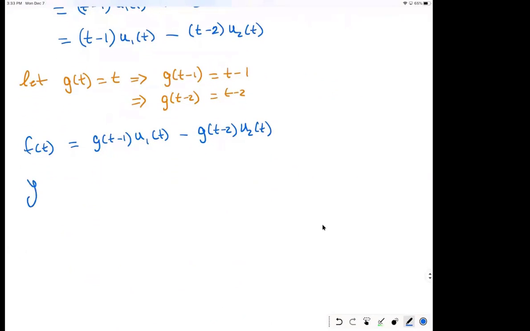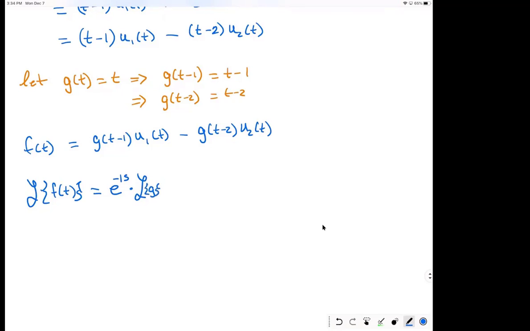So then if I take the Laplace transform of f of t, I get e to the minus as, and my first term a is 1, so e to the minus 1s times the Laplace transform of g.